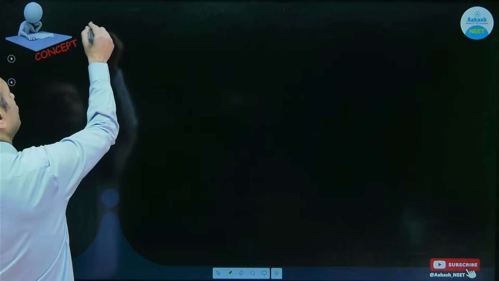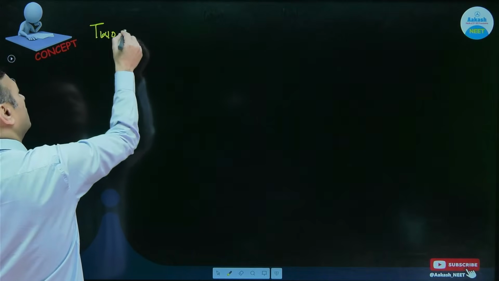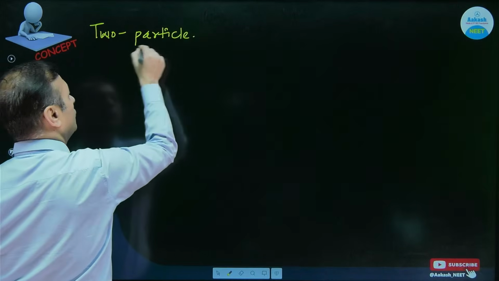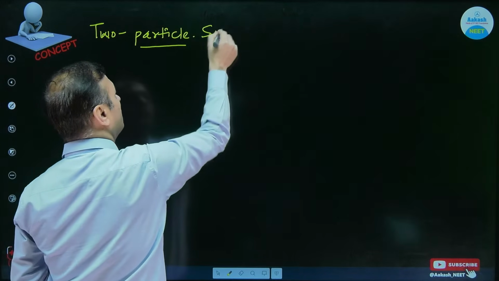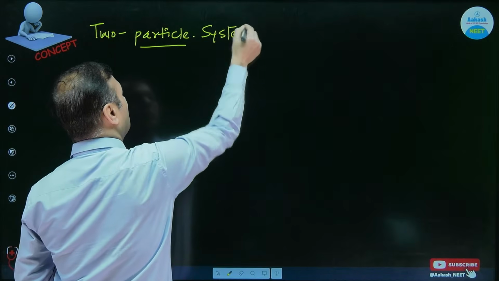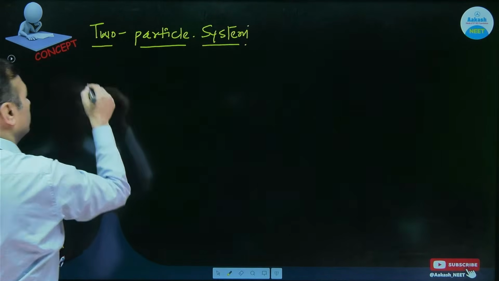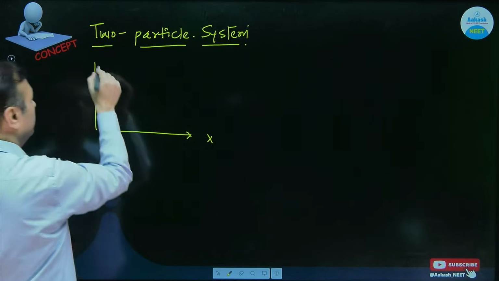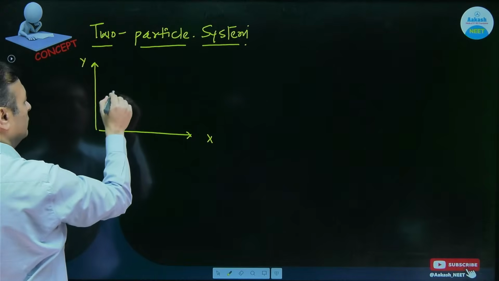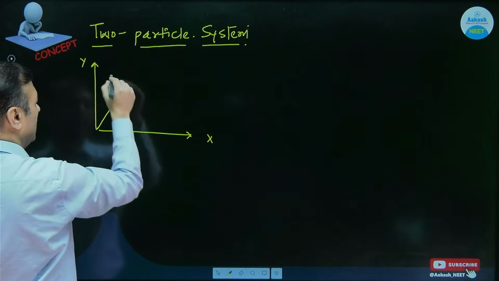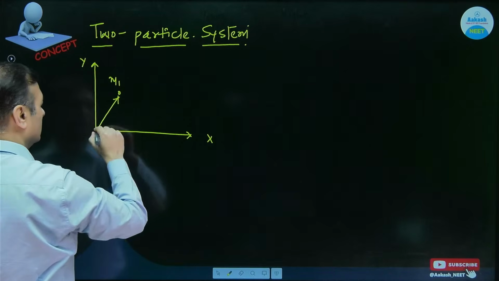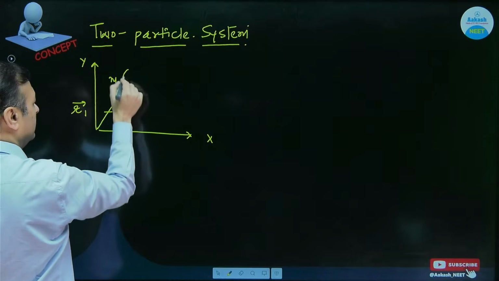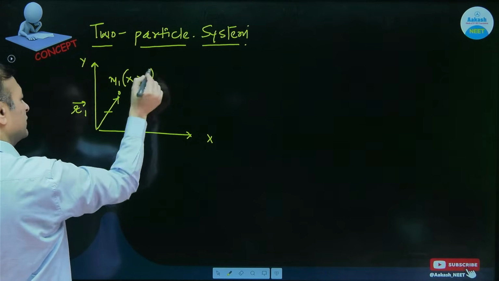Now, let's apply this to a two particle system. Suppose you have a coordinate frame x and y, and you have mass m1 at position vector r1, with coordinates x1 and y1.